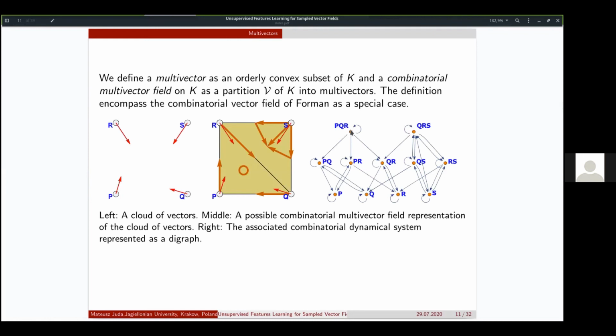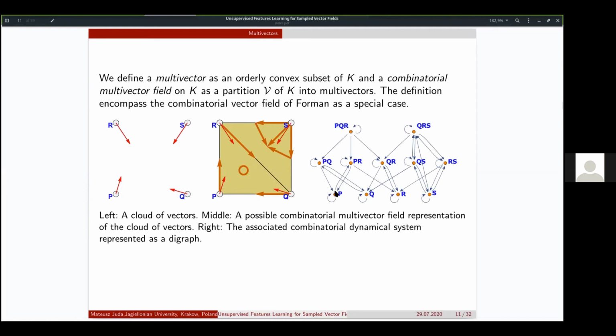So in the top layer we have the 2 triangles. In the middle layer we have these 5 edges, and on the bottom layer we have 4 vertices. And the arrows going from top to down are the arrows which we can take from the boundary operator of the simplicial complex. So that's why we have the arrow from PQR to PQ and from PQ to P.